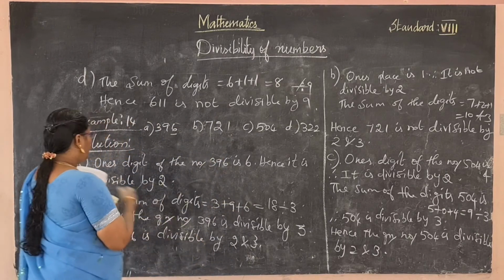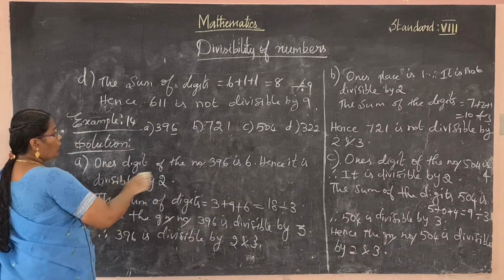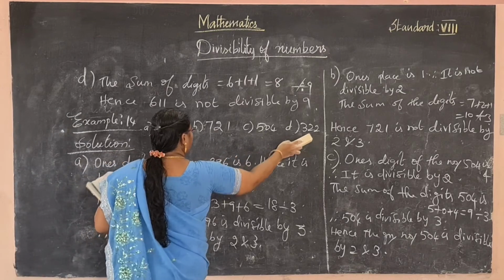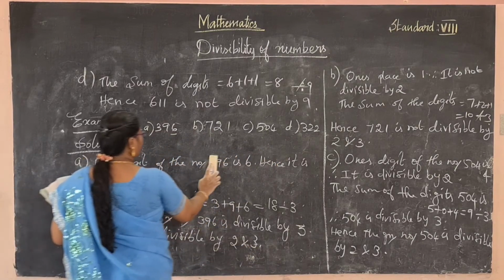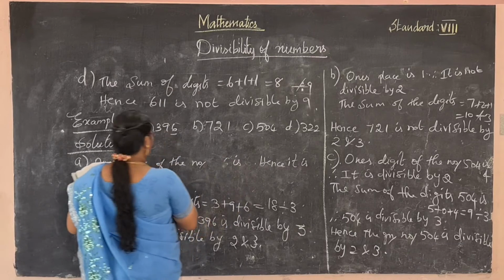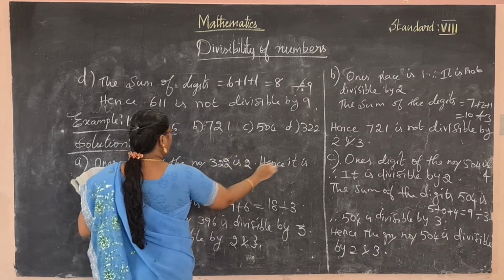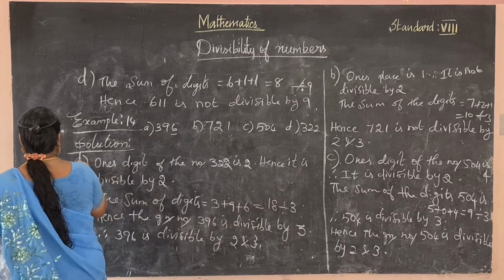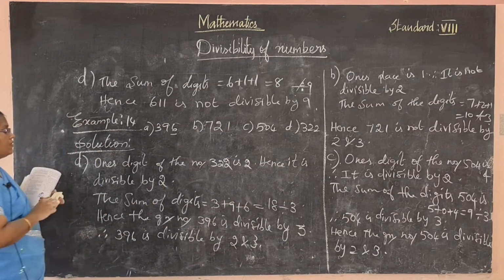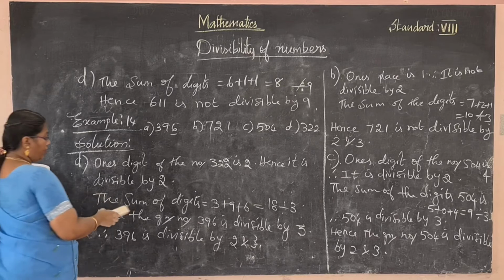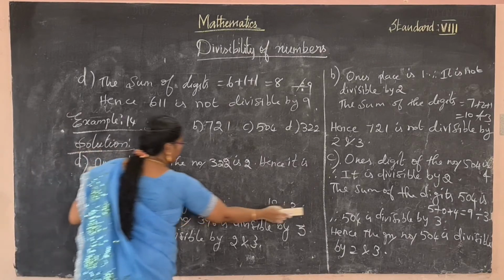And the fourth one, D. The ones digit of the number is 2. Hence it is divisible by 2. And then find the sum of the digits.